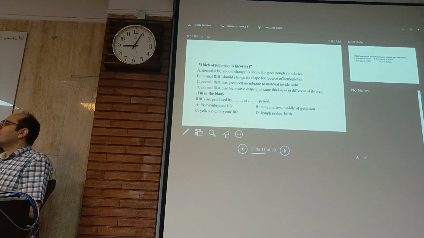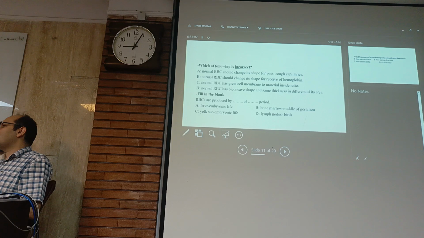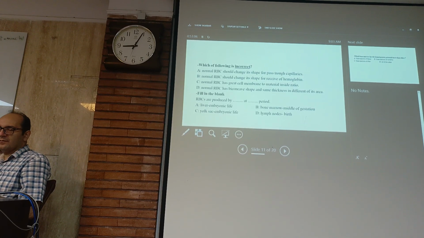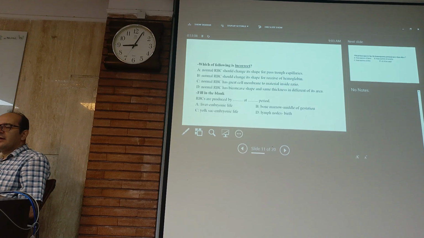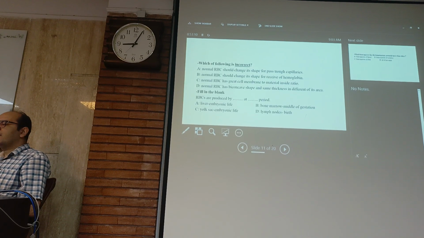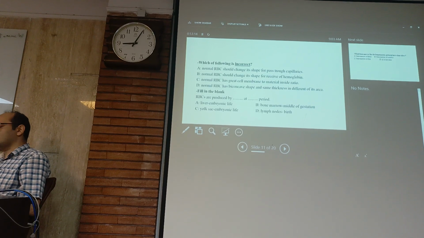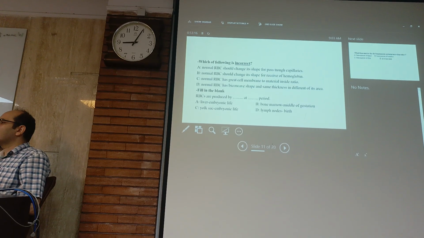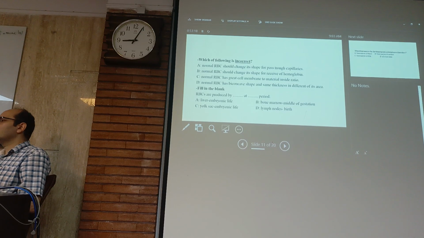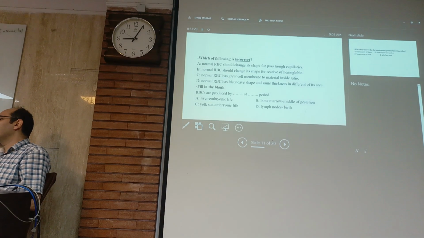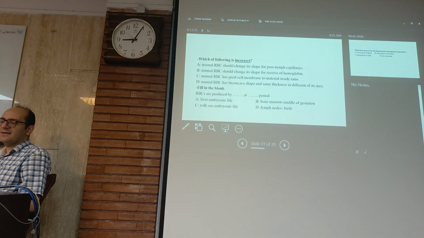Because A is incorrect, because the liver produces RBC at the middle trimester. B is incorrect because bone marrow produces RBC at the last month of gestation and after birth. And D is again incorrect because the lymph node, the same as the liver, produces RBC at the middle trimester of gestation.